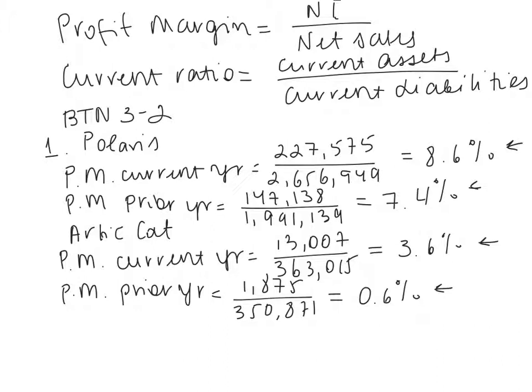So the operating performance of Polaris is better than Arctic Cat. However, if you analyze these two ratios for both companies and how they change from year to year, you will find that for Arctic Cat, the profit margin improved from 0.6% to 3.6%, and for Polaris, it increased from 7.4% to 8.6%. So again, both companies are improving their operating performance, their profit margin.